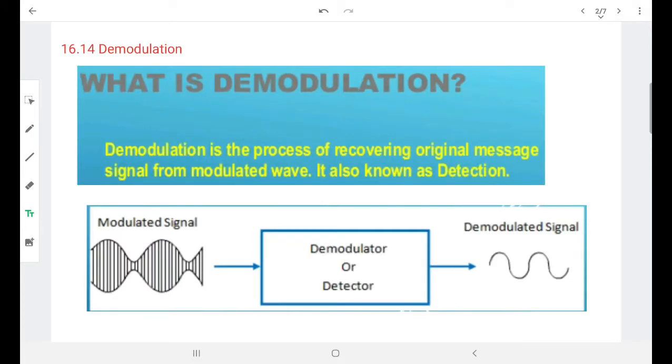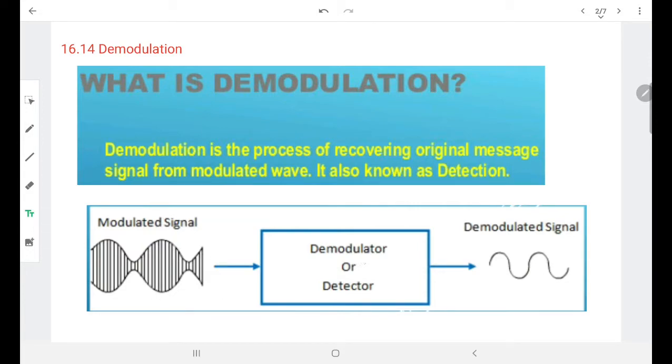What is demodulation? It is the last stage of the communication process. We have a modulated signal, and the modulated signal contains both the audio signal and the carrier wave. So it is not a useful signal. We need only the audio signal from this modulated signal.